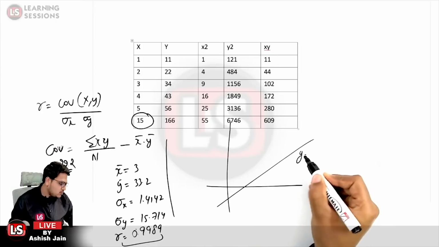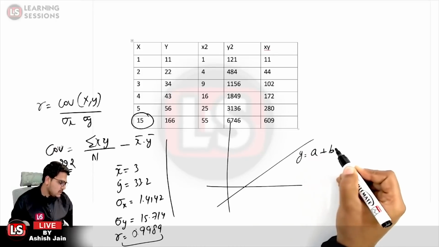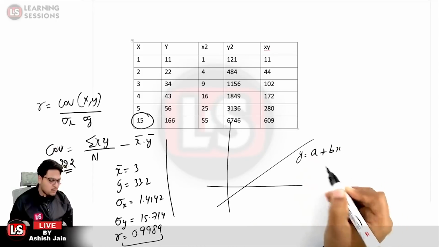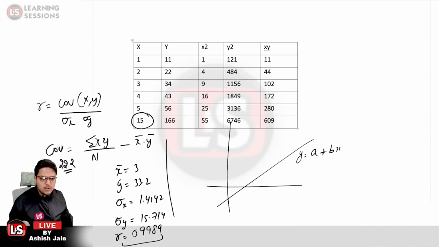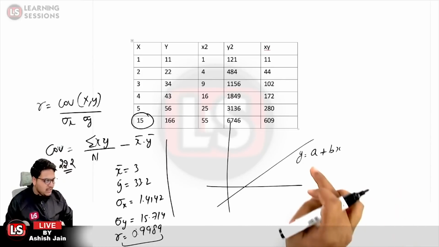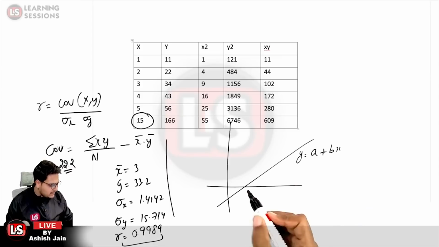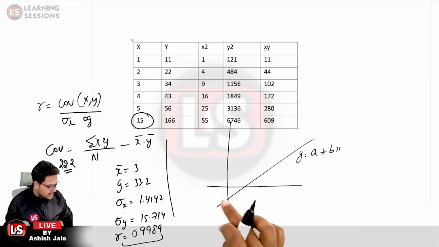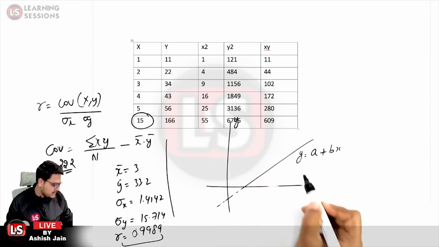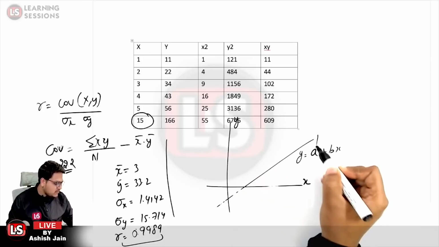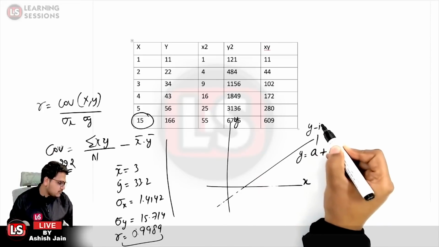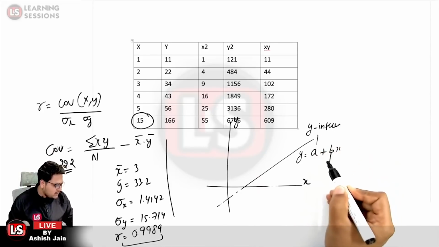It is y is equal to a plus bx. This is the equation of line over here, and a relates to the y-intercept, the point at which the line will intersect the y-axis. So this is the y-axis and this is the x-axis. So a is basically the y-intercept. And b over here is the slope of the line.